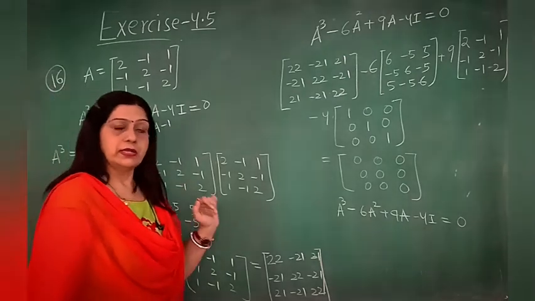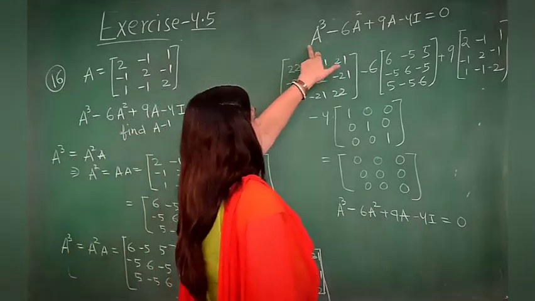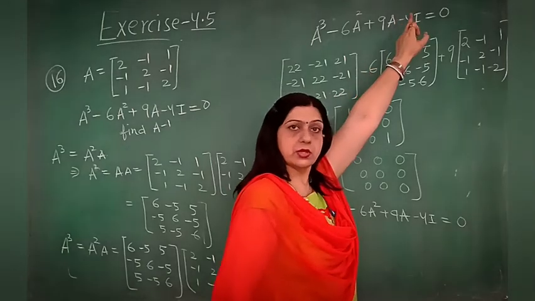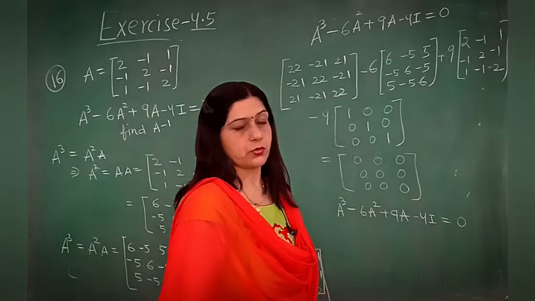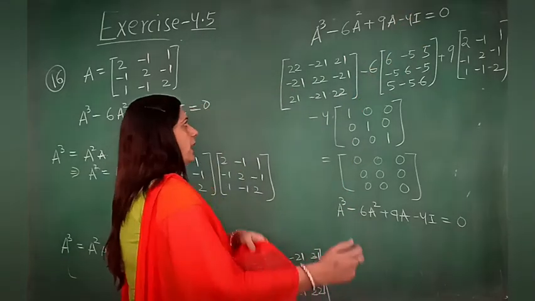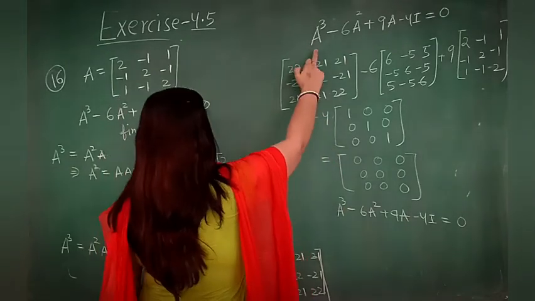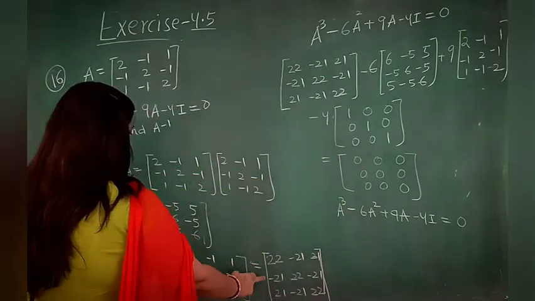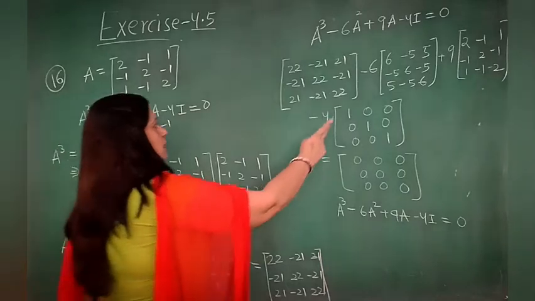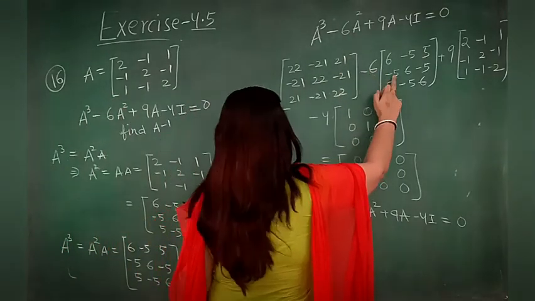Now finally you have to put all these things in this equation to show that it is equal to 0. So now let us substitute the value of A cube from this equation, then minus 6A square.